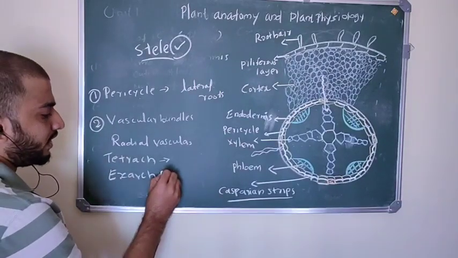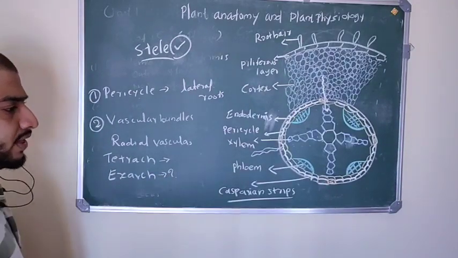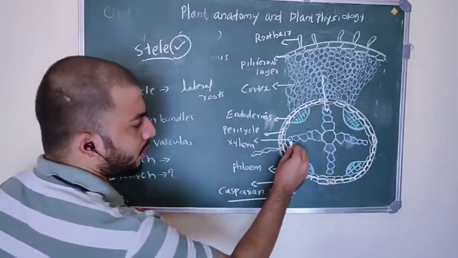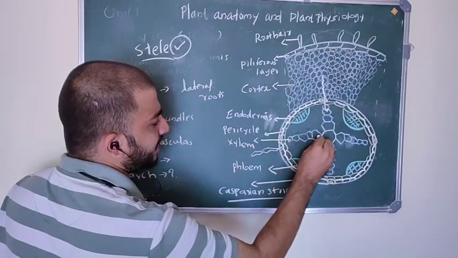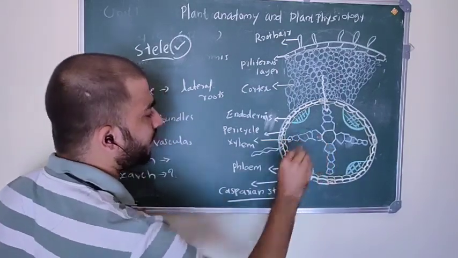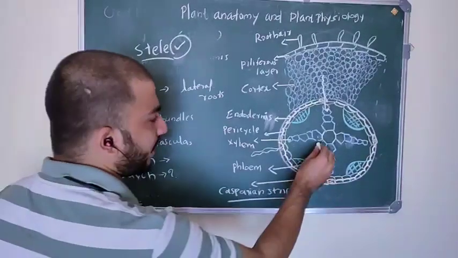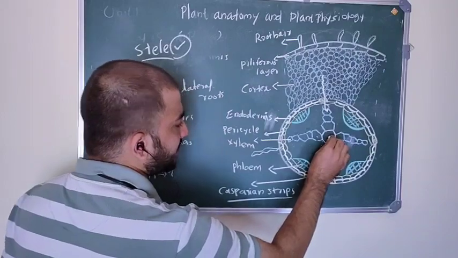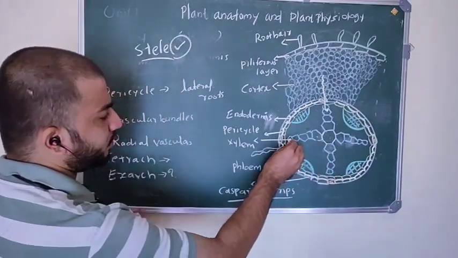And what is exarch? There are two types of xylem tissues, protoxylem and metaxylem. The small one is called protoxylem, and the bigger one is called metaxylem. In roots, the metaxylem is directed to the center and the protoxylem to the periphery.